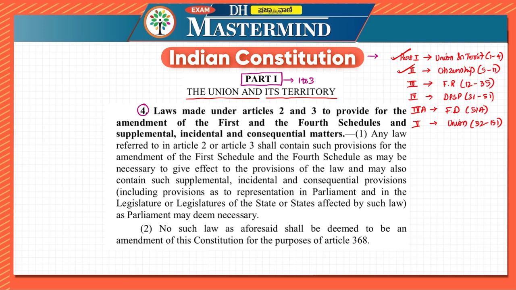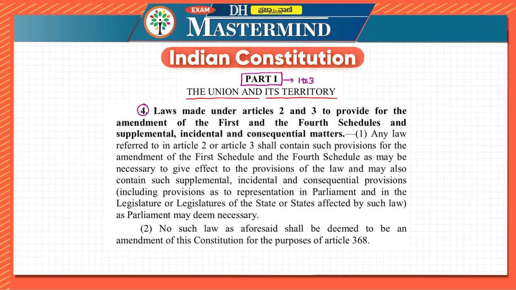So we have already discussed the first 3 articles. This is the fourth article. The fourth article is pretty easy for us because it speaks about the first 2 and 3 articles.